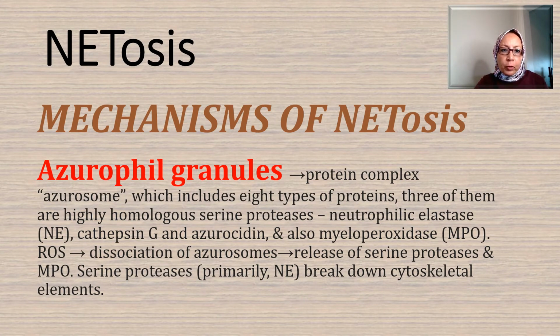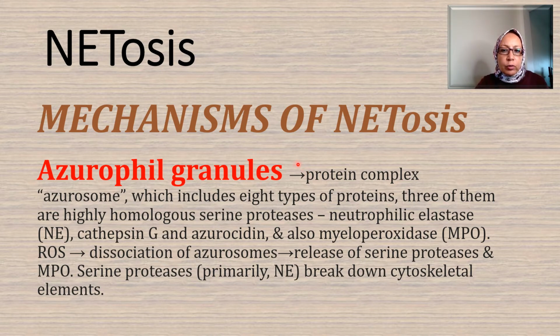So to continue the process of NETosis, now we have reactive oxygen species overproduction. These reactive oxygen species will open or destruct the granules inside the neutrophil cell. So we have azurophilic granules inside the neutrophils.